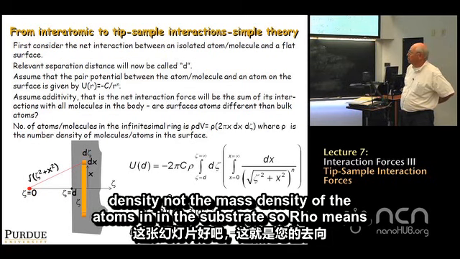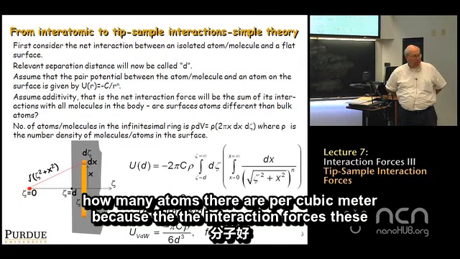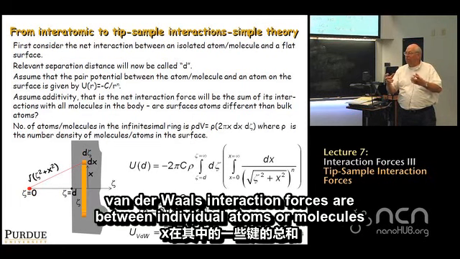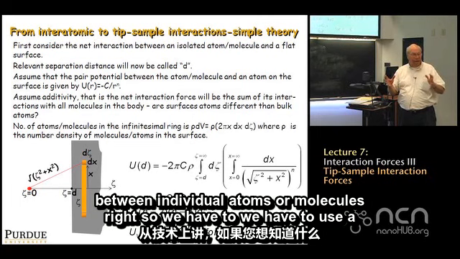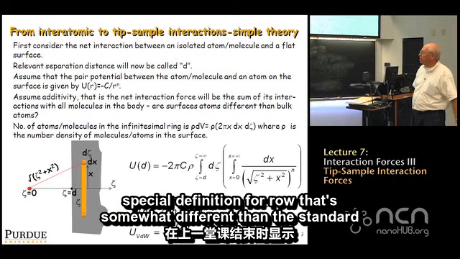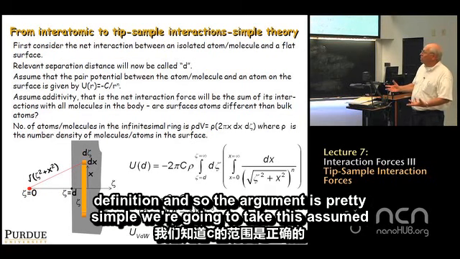So rho means how many atoms there are per cubic meter, because these van der Waals interaction forces are between individual atoms or molecules, right? So we have to use a special definition for rho that's somewhat different than the standard definition. And so the argument is pretty simple.